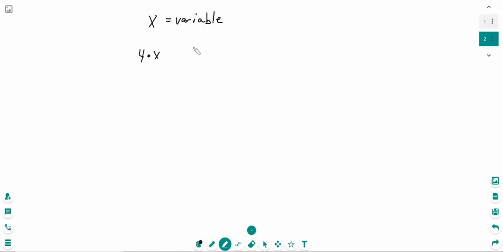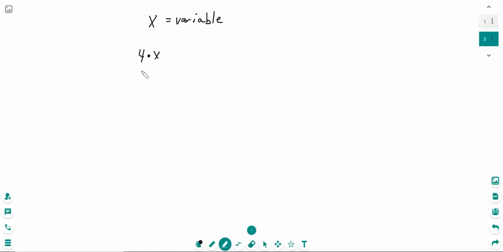How does this work? Well, when we're dealing with variables, multiplication, addition, subtraction, it all works the same way as they work with regular numbers. The only difference is we now have a variable instead of a number. So all of our processes are the same.